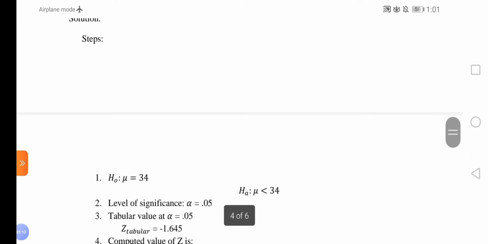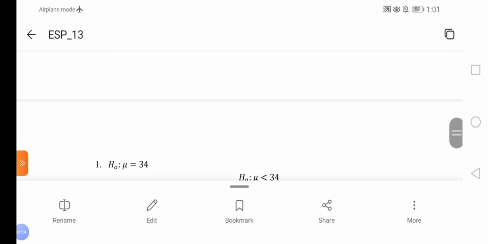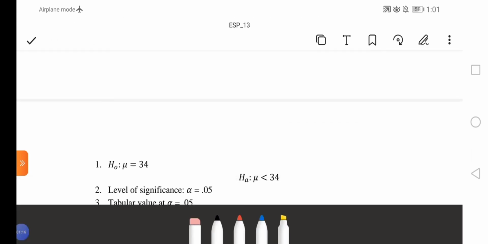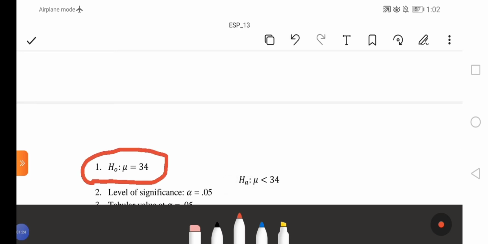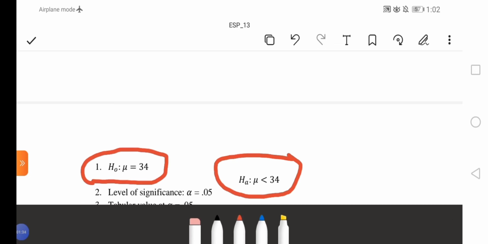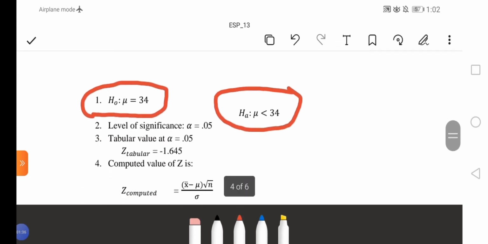For our first step, we have to identify or state our null and alternative hypotheses. For our null hypothesis, we have population mean is equal to 34, and our alternative hypothesis is population mean is less than 34. Next is to find the level of significance.